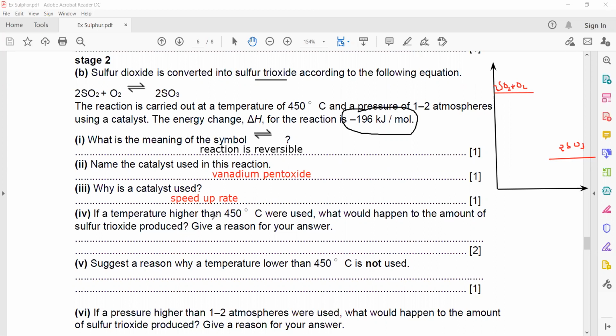In the question, if I increase the temperature, what will I get more of? I will get more sulfur dioxide and oxygen.